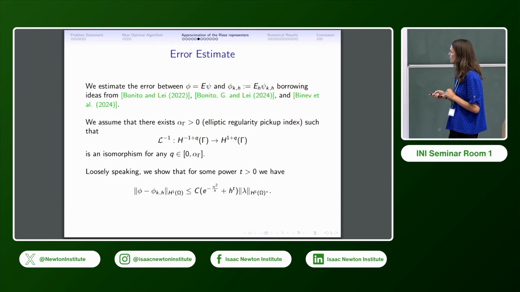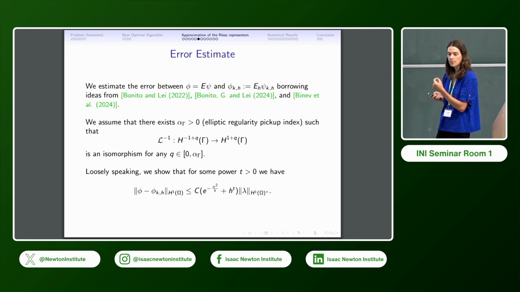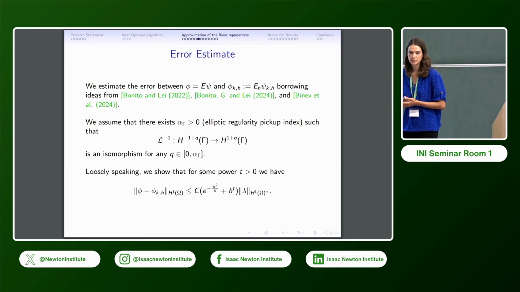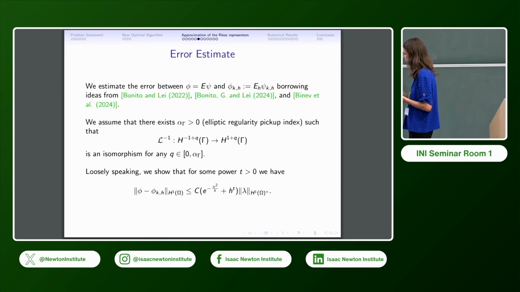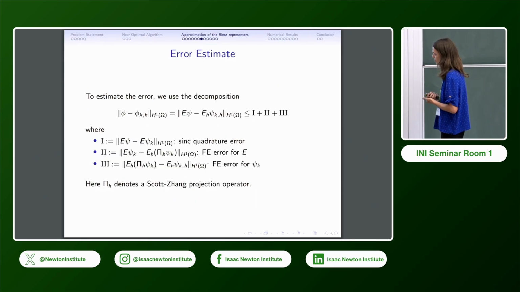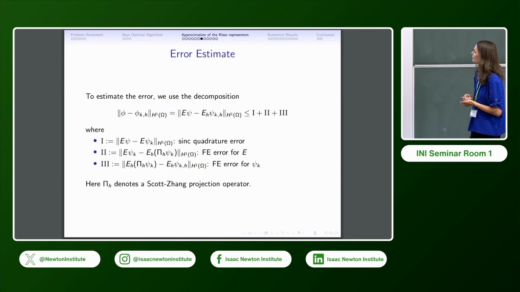The first term here is exponentially decreasing with k, where k is the spacing for the sinc quadrature. And the second one here is from the finite element approximation, so it's some power of h. Okay, and this power t will depend on different quantities, the s, the regularity on the boundary, this alpha here, and also another value that I'll mention later.